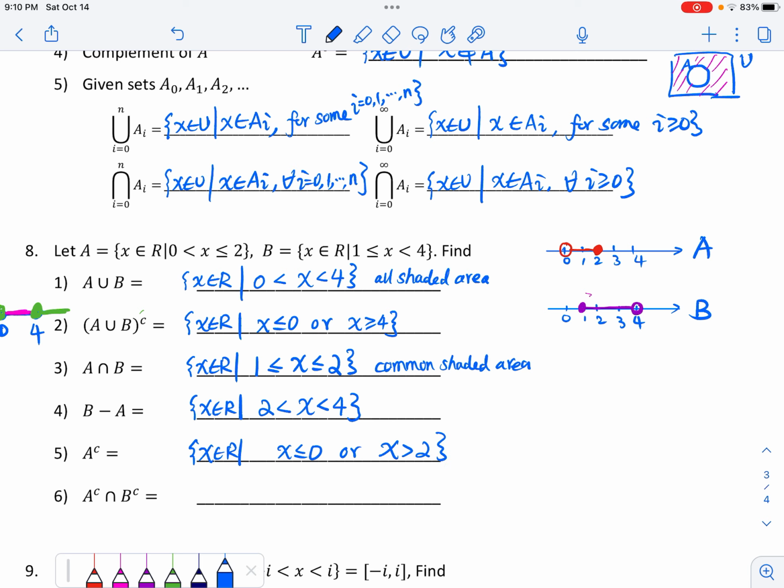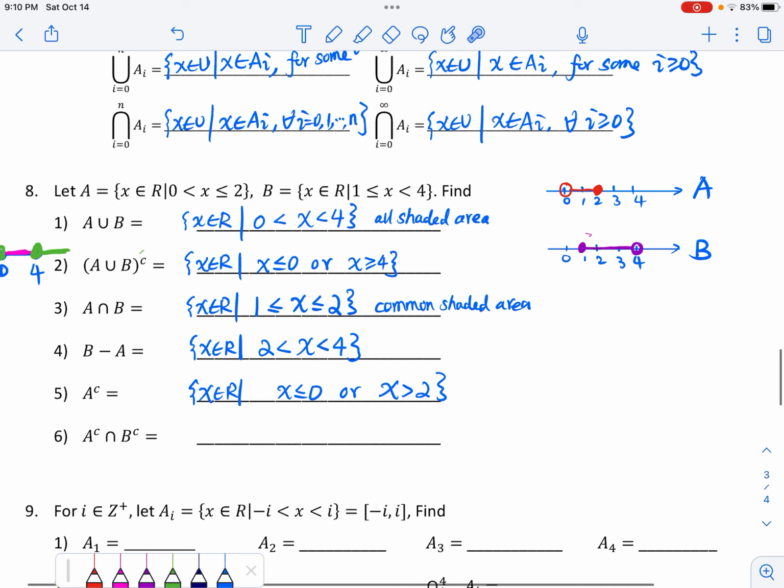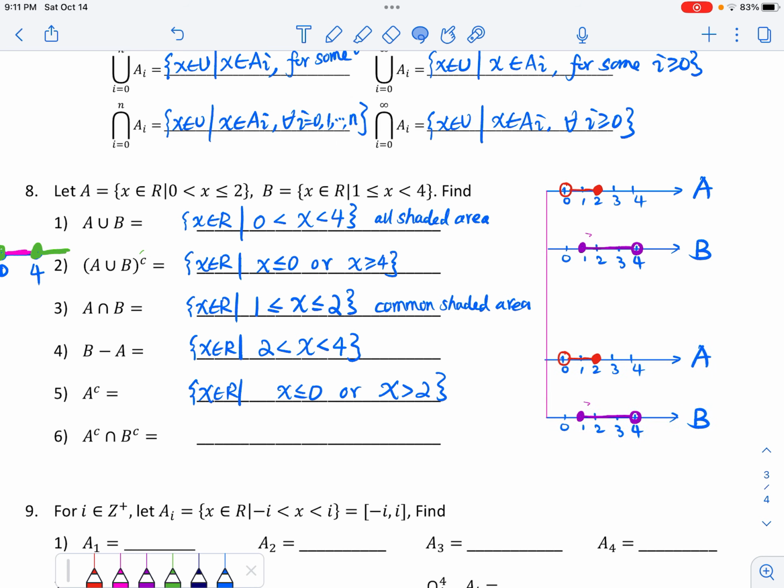Okay, now the last one is the complement of A intersect the complement of B. Sometimes it might be useful to draw the complements, and then you find the common shaded area. So earlier we said this is the complement of A, and the complement of B will be solid here and go there, and this will be an open circle going to the left.